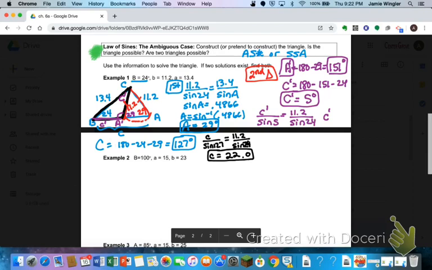When I cross multiply and solve here, I get C prime to equal 2.5. So as you can see, I was able to get two sets of answers, and I have to include both of those answers in my solution.